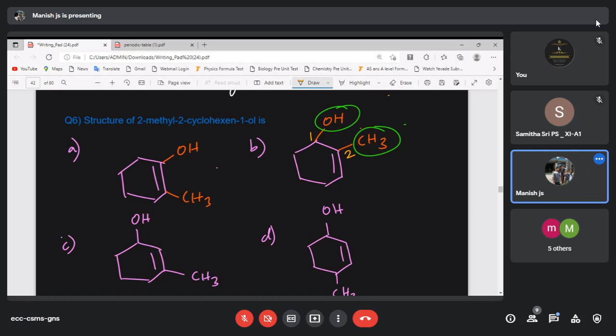2-methyl, 2-cyclohexene. Why did I put 2 here? Because in cyclohexane there is a double bond at the second position, the name becomes 2-cyclohexene. That is for the double bond at the second carbon. So it is 2-cyclohexene, 1-ol. At the first position you have a hydroxyl.